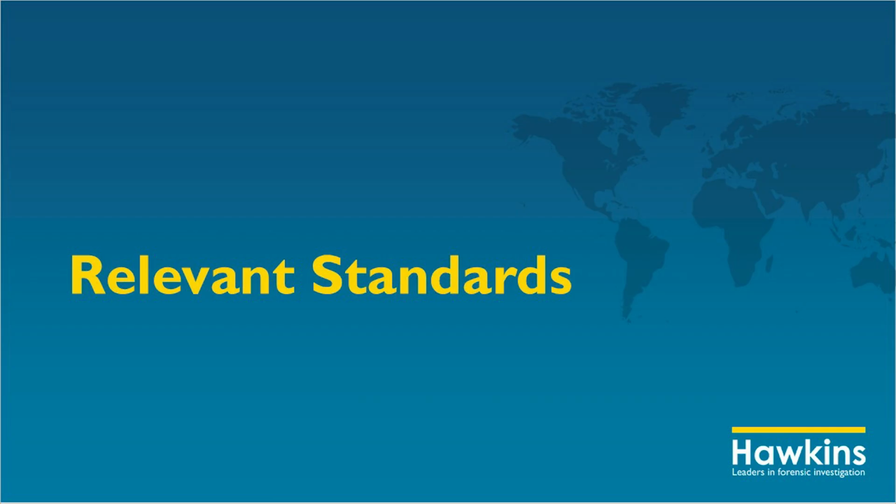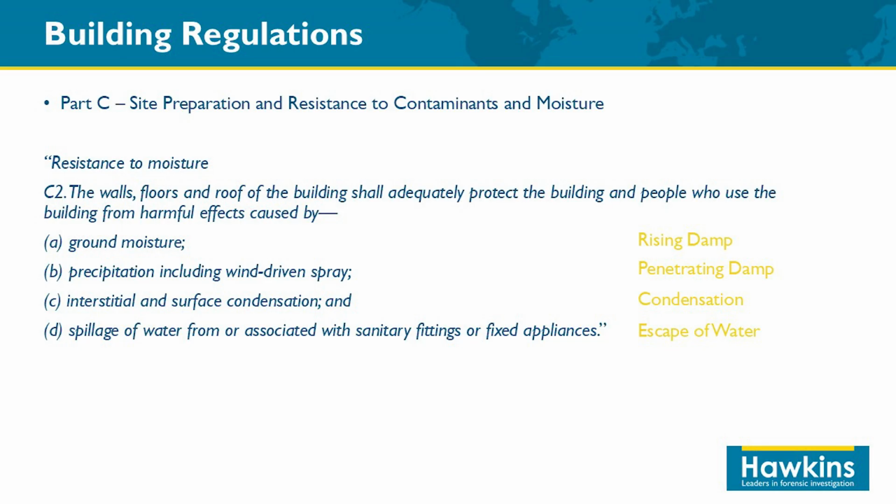I'm only going to go through this very briefly, I'm not going into the detail of building regs, but building regulations only apply to properties at the time in which they're built. So if we're looking at a building defect, I need to look at the building regulations that were current at the time when it was constructed, not when the issues happened. So I always try and go back and look at what was there at the time.